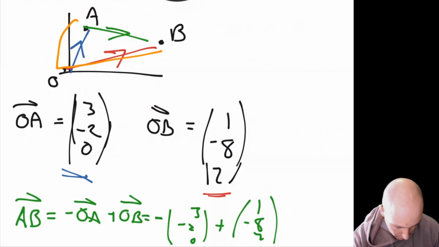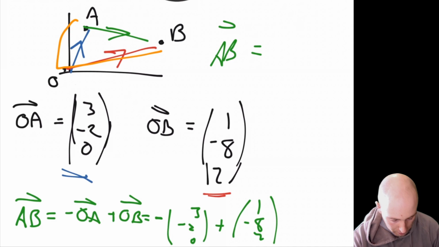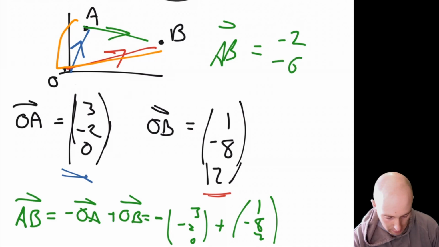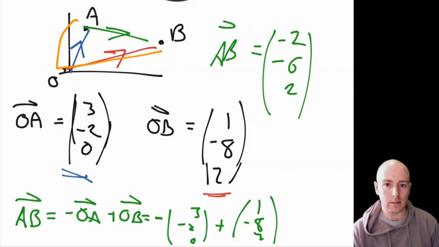We're going to get AB will be (-3, 2) plus (1, -8). So -3 plus 1 is -2, and 2 plus -8 is -6. So AB is (-2, -6).